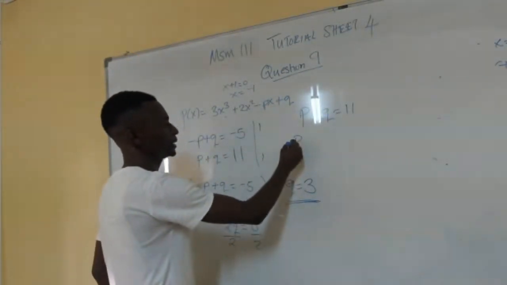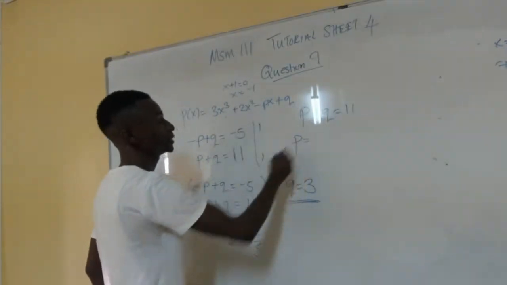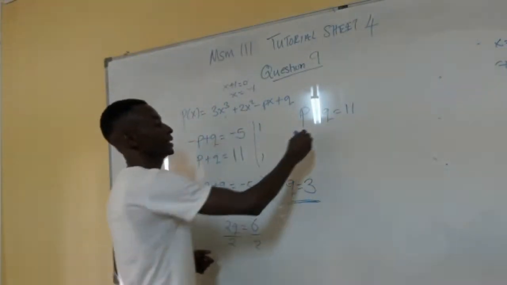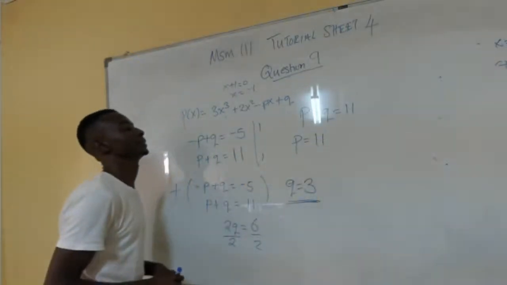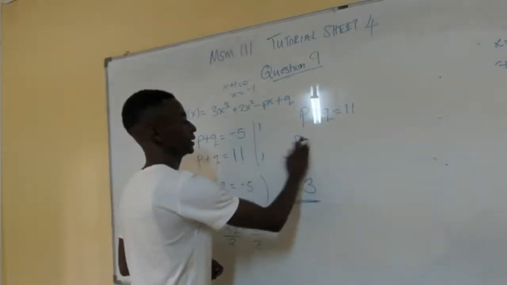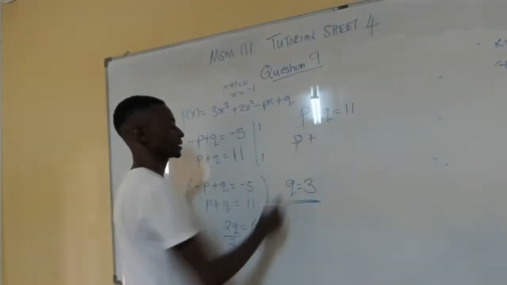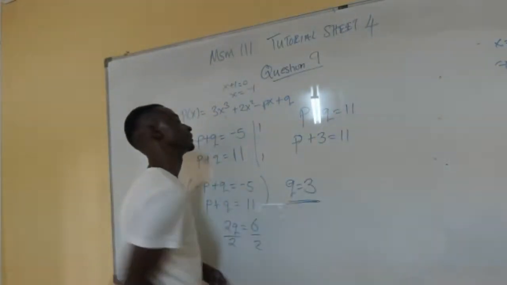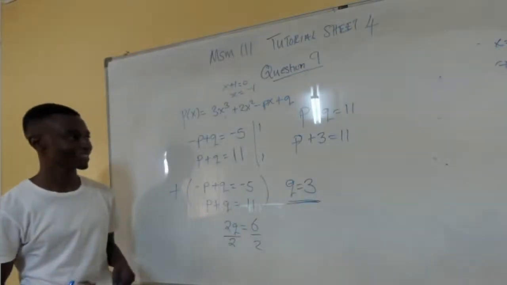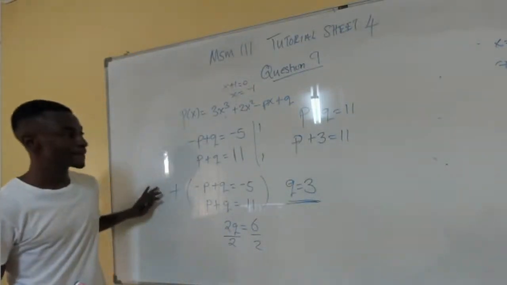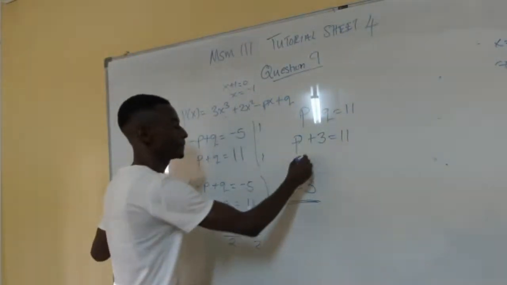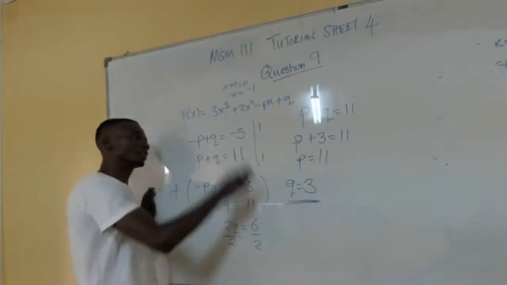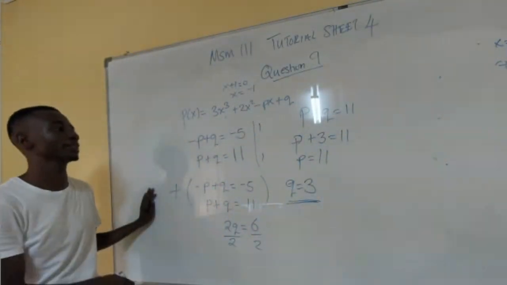So P plus Q is what? Q is 3, equal to 11. Yes, that's what you're supposed to do. So now from there, P is equal to 11, and the positive 3 is crossing the equal sign.